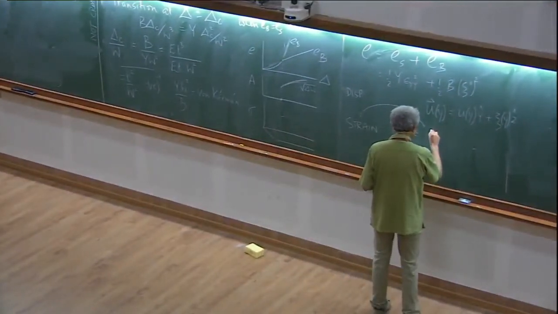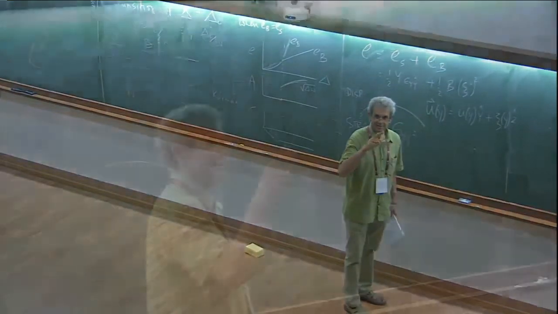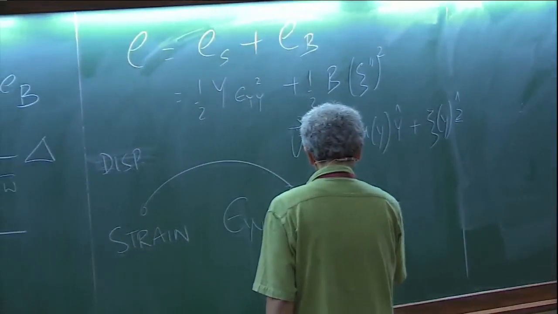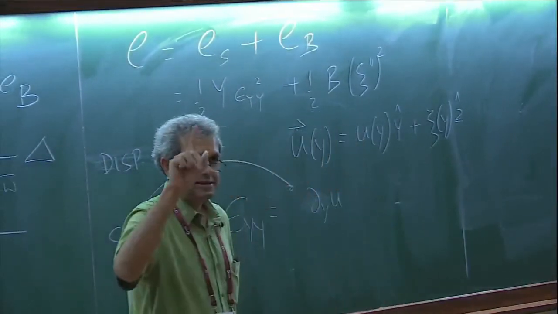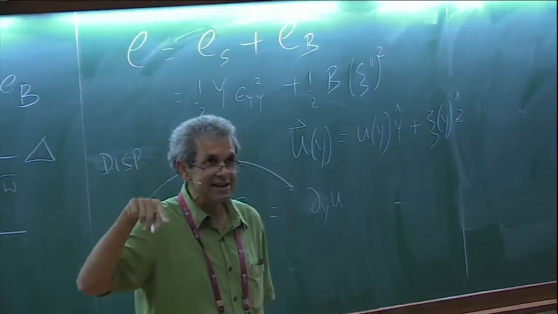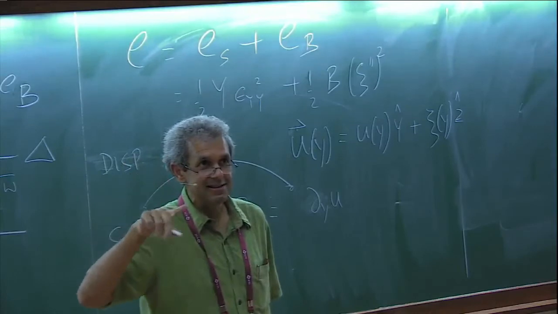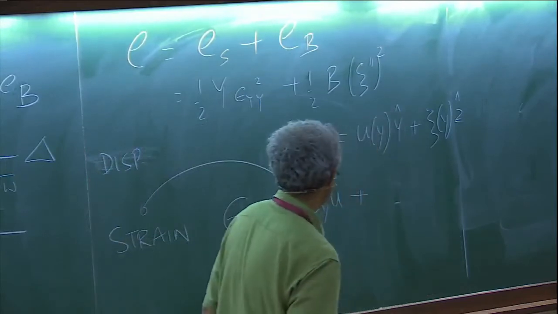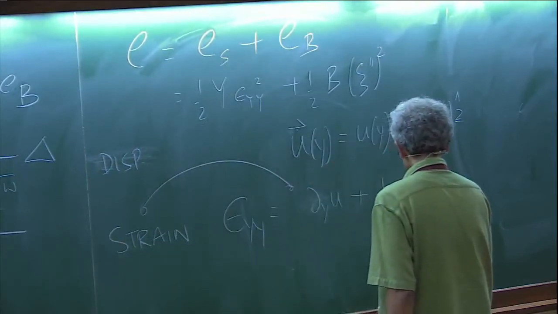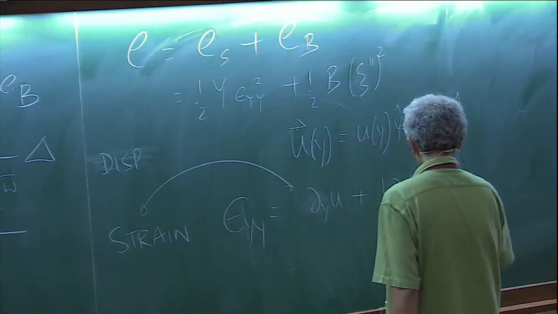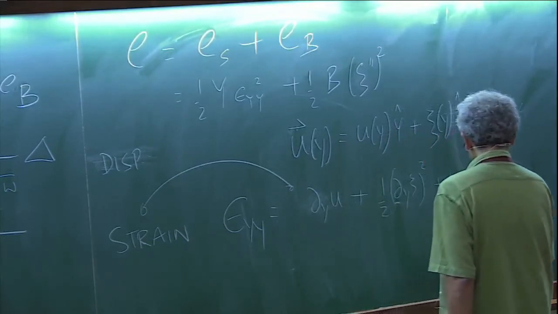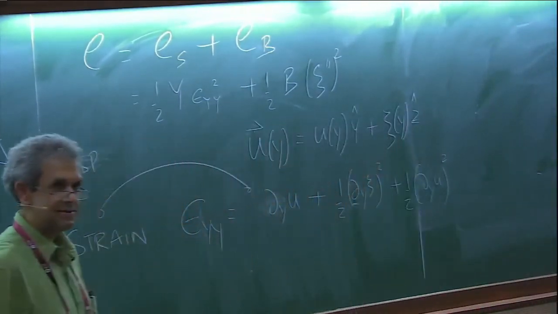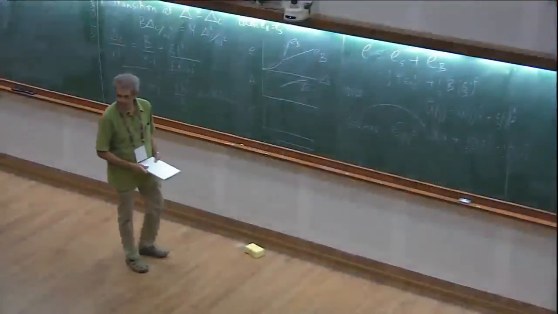So the first bit is just the d_y u_y. So d_y of u, from the d_i u_j. So d_y u_y, and there's a half, and there's two of them, plus a half d_y of psi squared plus a half d_y of u squared. Does this make sense from what we talked about earlier?